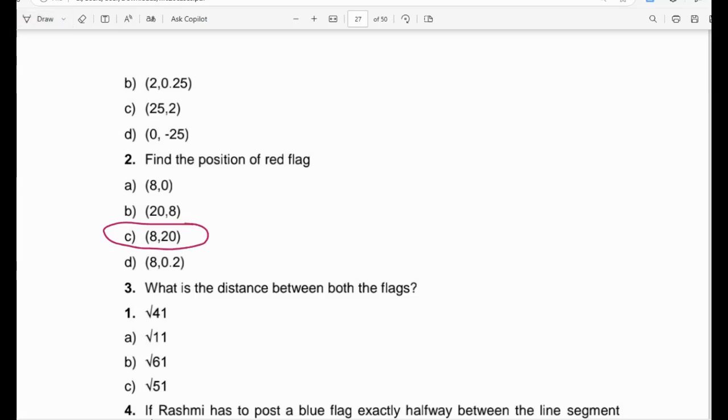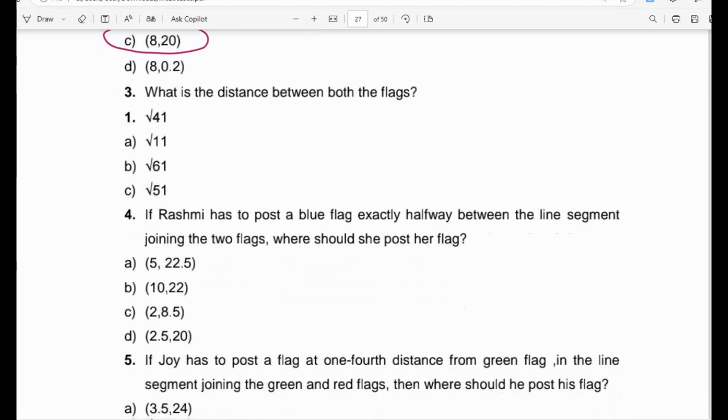Then the next one: what is the distance between both the flags? We have to find the distance between the two flags. The formula is d equals root of (x2 minus x1) whole square plus (y2 minus y1) whole square.